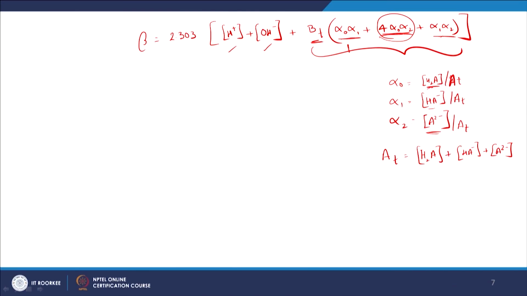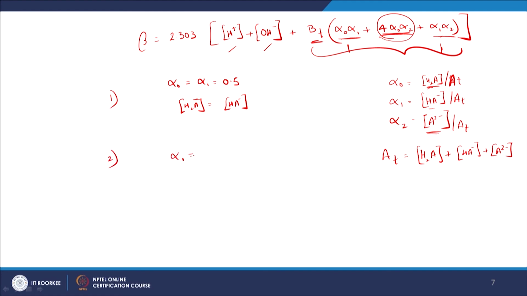So you will see maximum buffer intensities in 2 cases, and what are they? When alpha naught equals alpha 1 equals 0.5, what does that mean? When H2A concentration is equal to HA minus concentration. So that is one case. And what is the second case?